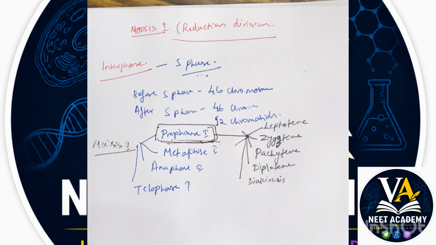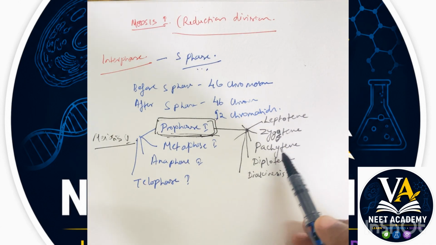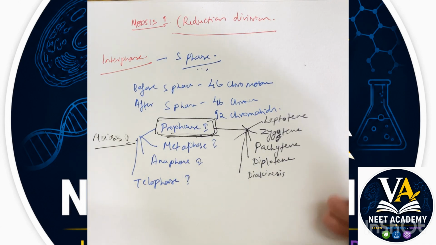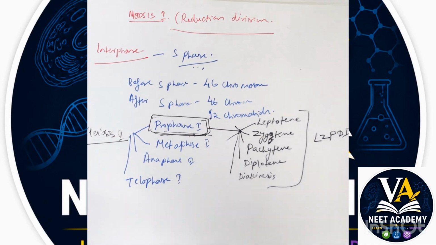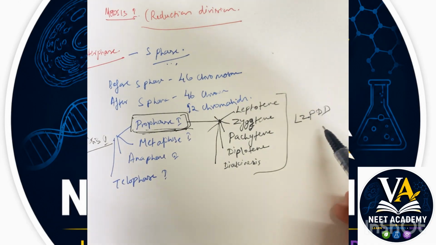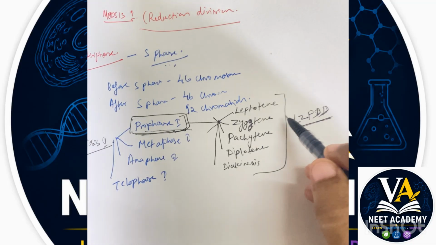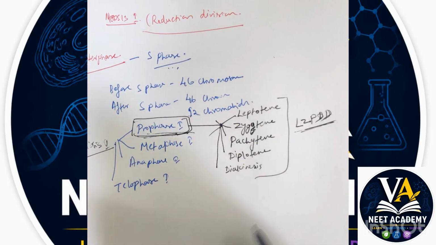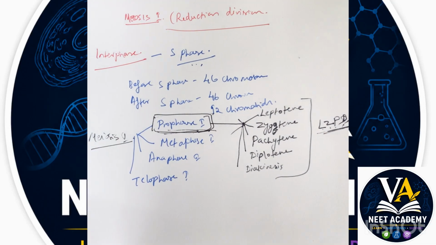So these are the 5 stages of prophase I. An easy trick to remember is LZPDD. LZP and DD. Just learn this by heart and you don't have to mug up the whole sequence: Leptotene, zygotene, Pachytene, Diplotene and Diakinesis.